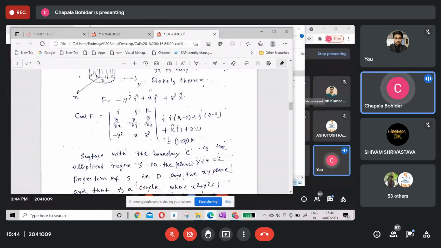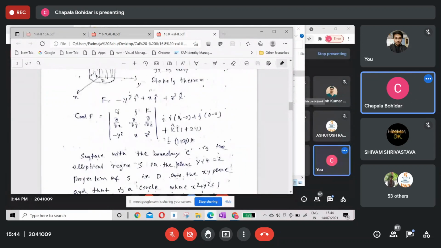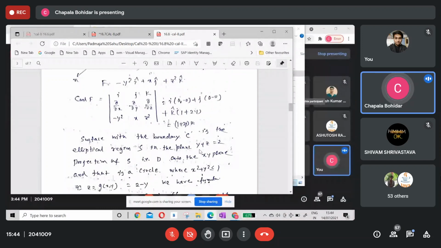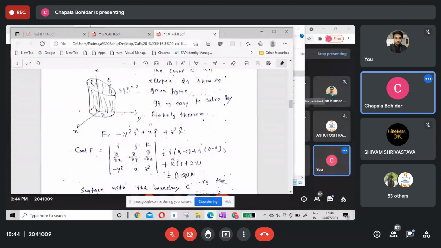You see the surface, its boundary is C. This elliptical region lies on the plane y plus z equals 2. Here it lies, at this point, on the plane y plus z equals 2.